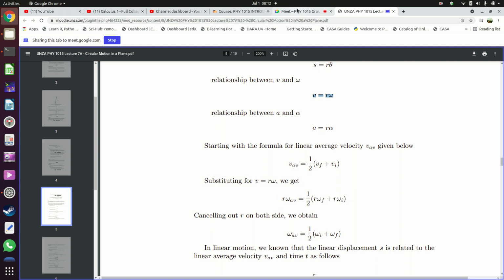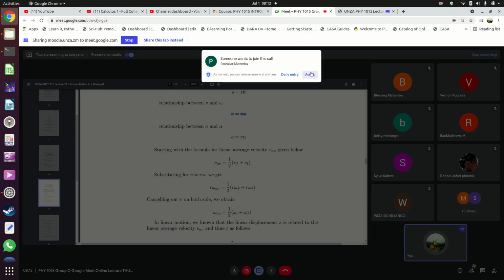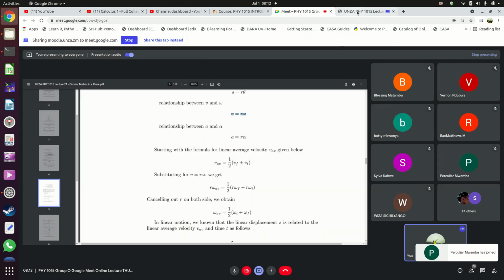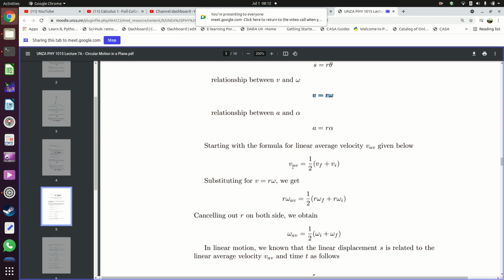Where there is v, we can put r omega. So where there is average velocity, we replace it with r omega average, the average angular velocity.